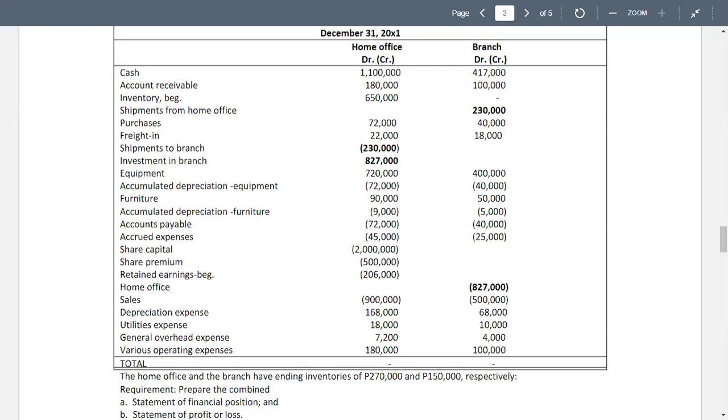So you now get your total current assets. Add the current assets. And then after the current assets, you are going to get the non-current assets. Equipment, 1,120,000.